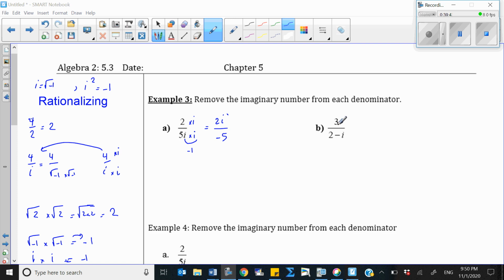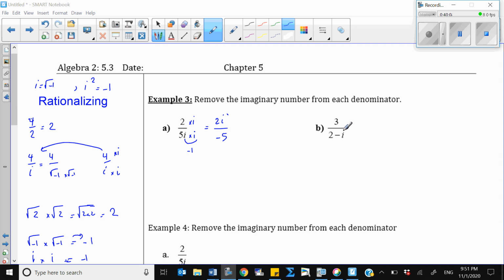Okay, now let's work on the second example. We have 3 over 2 minus i. Again, we have an i in the denominator, and we want to get rid of it. But in this case, we don't have just one i here. We have 2 minus i. This is a complex number. That means we have an integer added to or subtracted from an imaginary number.